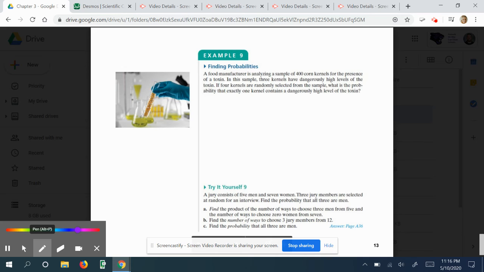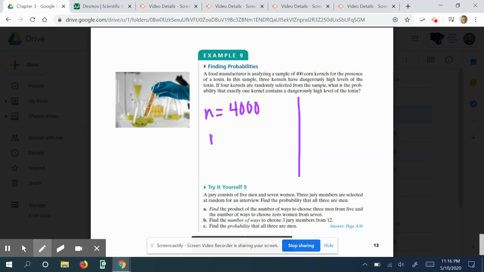And then if I'm taking 4 kernels, what's the probability that one of them is going to actually have the toxin in it, right? So let's look at them in 2 separate parts. So the first one, my N is 400, right? Okay, and I'm looking for R. I'm going to say, actually, you know what?